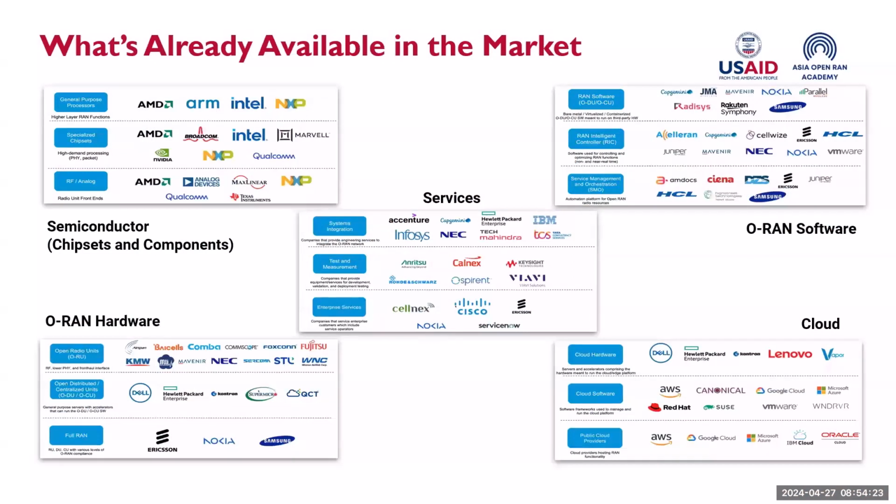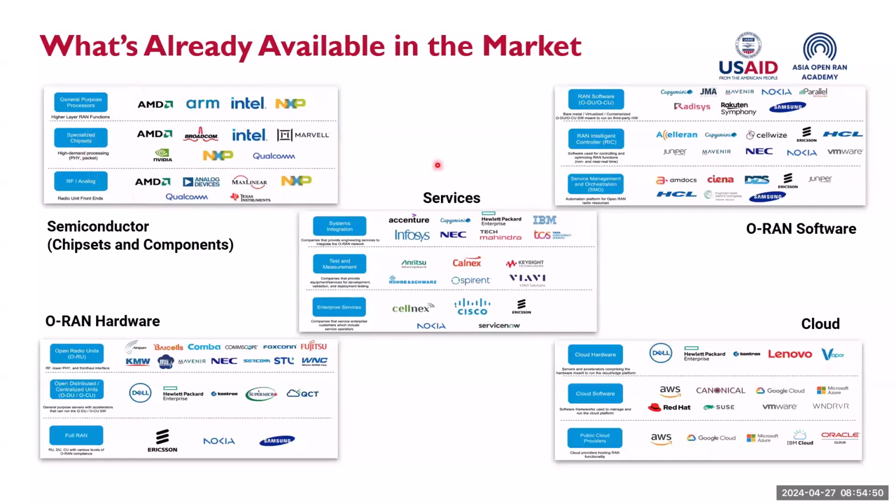Okay, so if we see the ecosystem of Open RAN and the value chain, you can see that there are already semiconductors involved in developing Open RAN. That includes the general purpose processors like AMD, ARM, Intel, and NXP. There are also specialized chipsets. These are primarily on the electronics side, no?